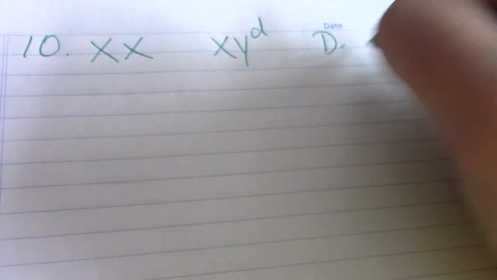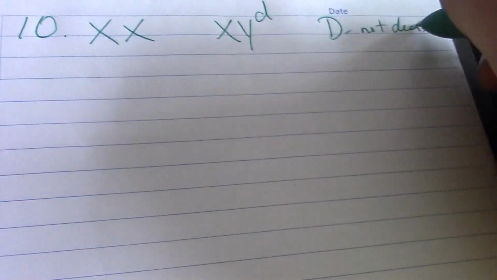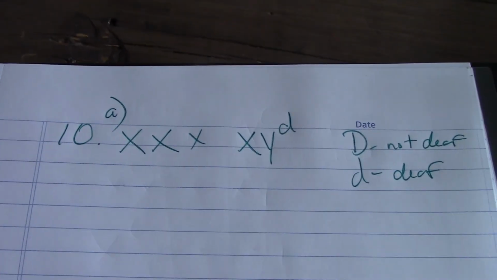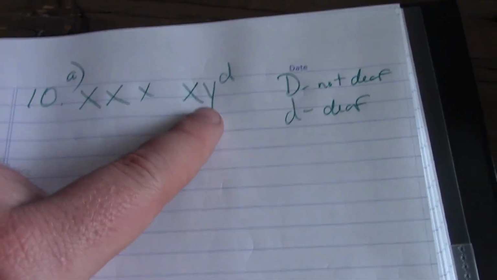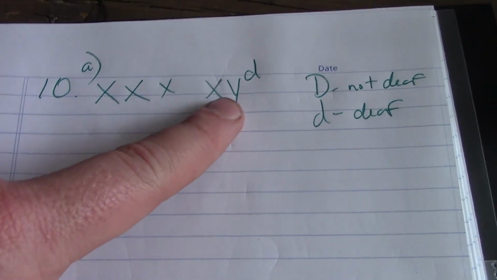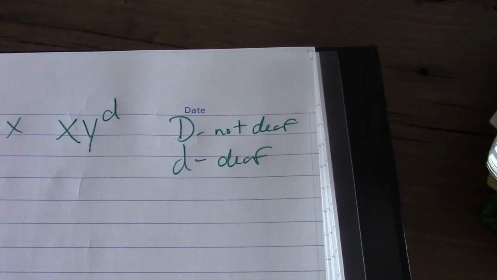So big D equals not deaf, and little d equals deaf. So that is A. So this is kind of weird, because the trait is actually not on the X, so we don't need to specify what's going on the X. You have deaf or not.